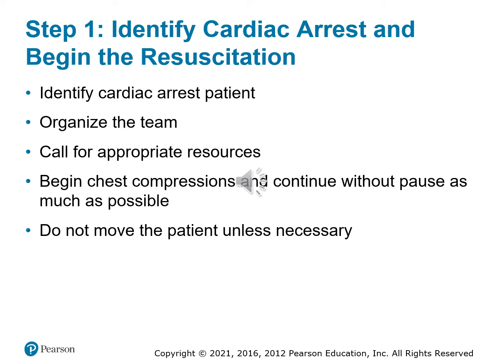We want to call for appropriate resources if we need extra help. Begin those chest compressions and continue without pause as much as possible. Remember, if we're doing 30 to 2, we should only be pausing for 2 ventilations and then getting right back on the chest with compressions.